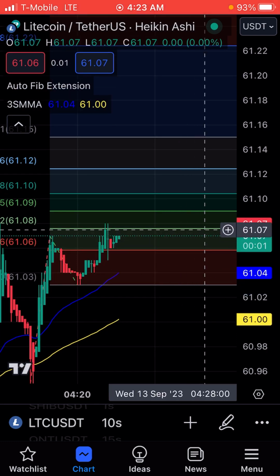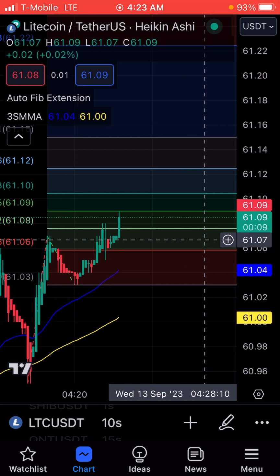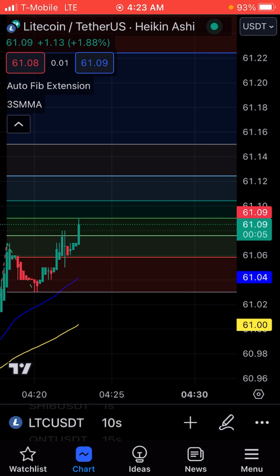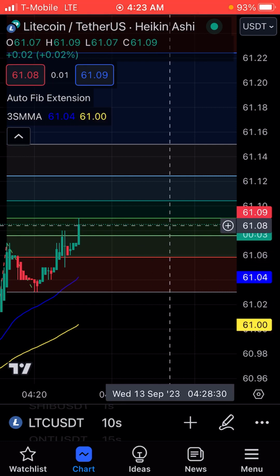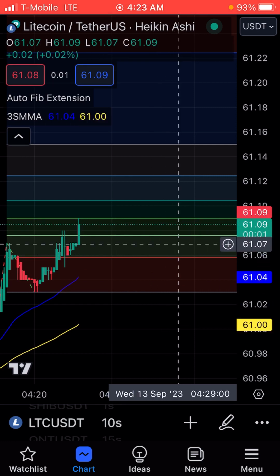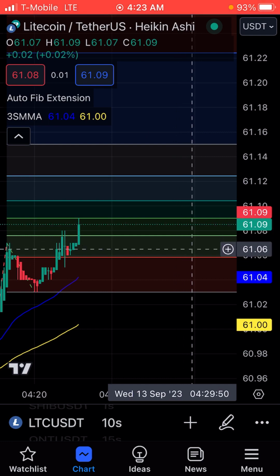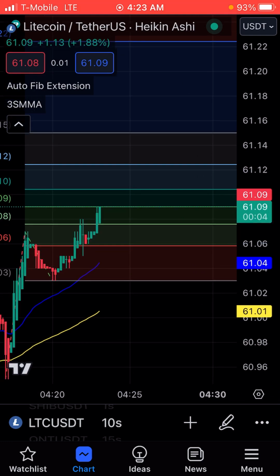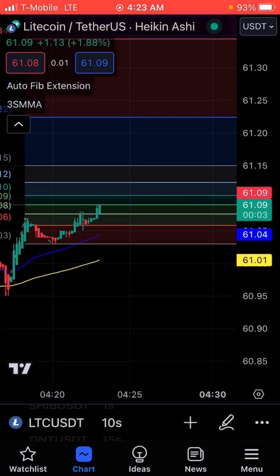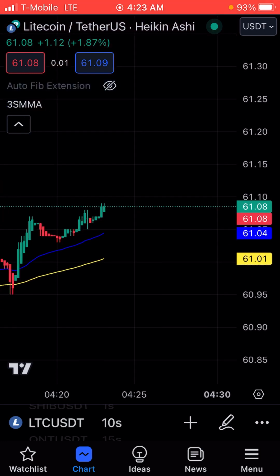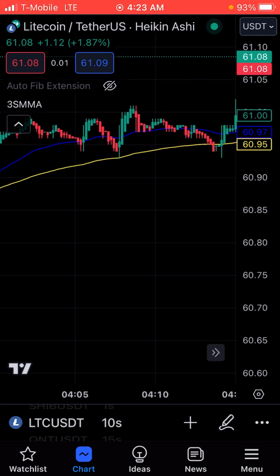So unless it breaks this level right here, which it has, but if it stays up here, it has to stay. If it can't hold this level here, it's gonna come back down to that level there. So that's basically what I use the auto Fibonacci for. But right now, Litecoin's going up.